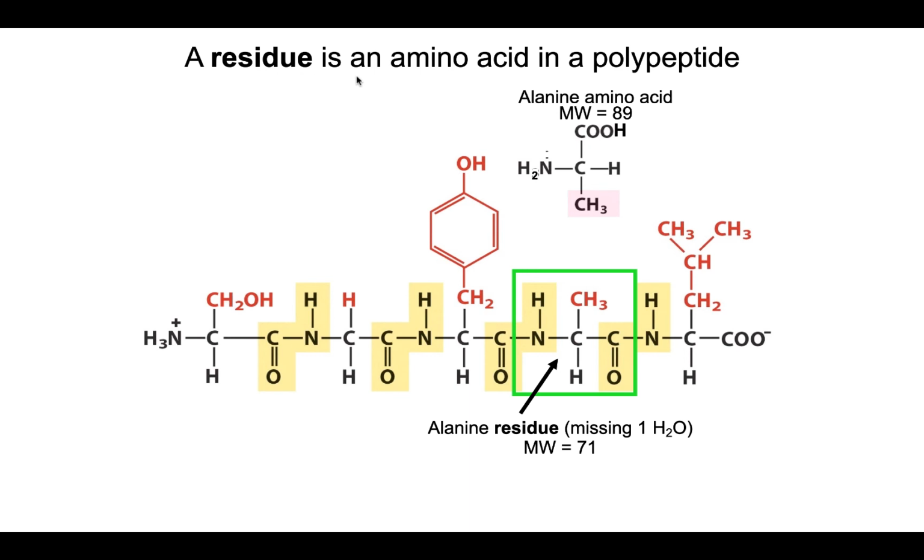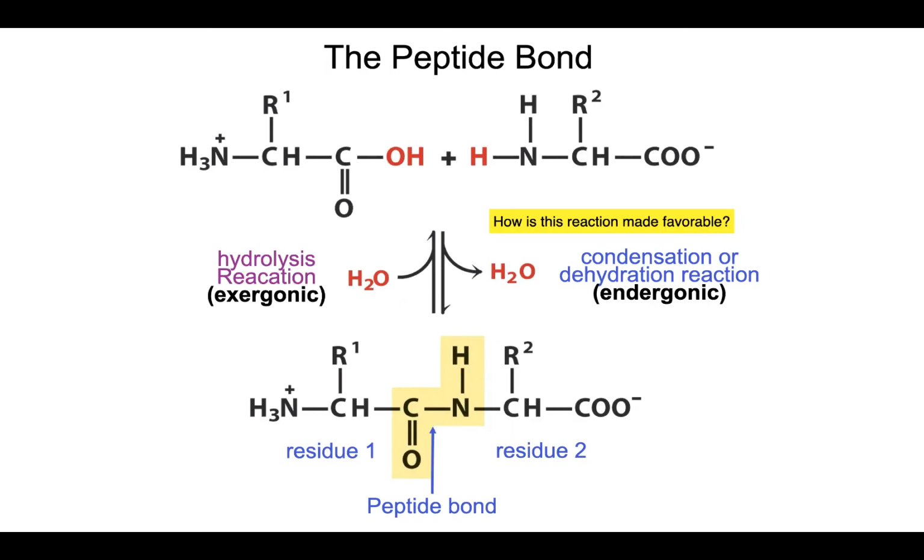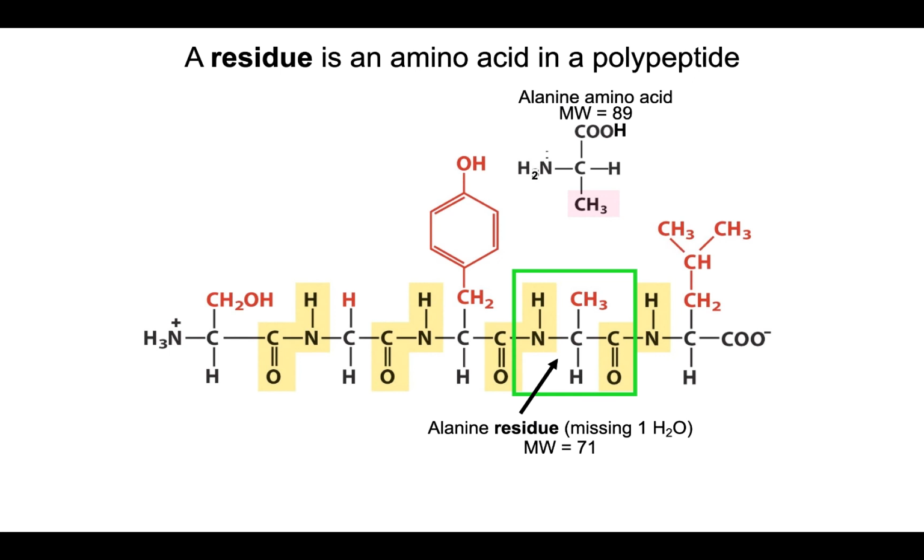And really what that's indicating is that an amino acid outside of a polypeptide has an extra water associated with it. Whereas when that amino acid is in a polypeptide, it's missing that molecule of water because of that dehydration reaction.